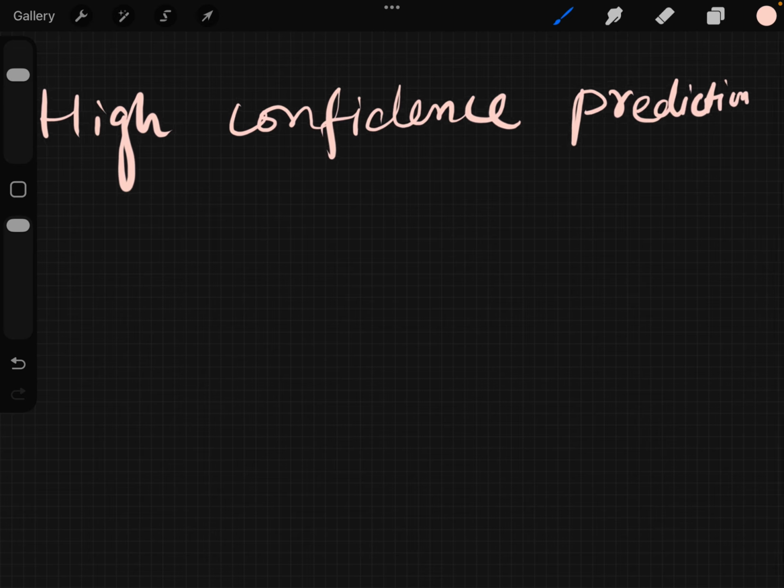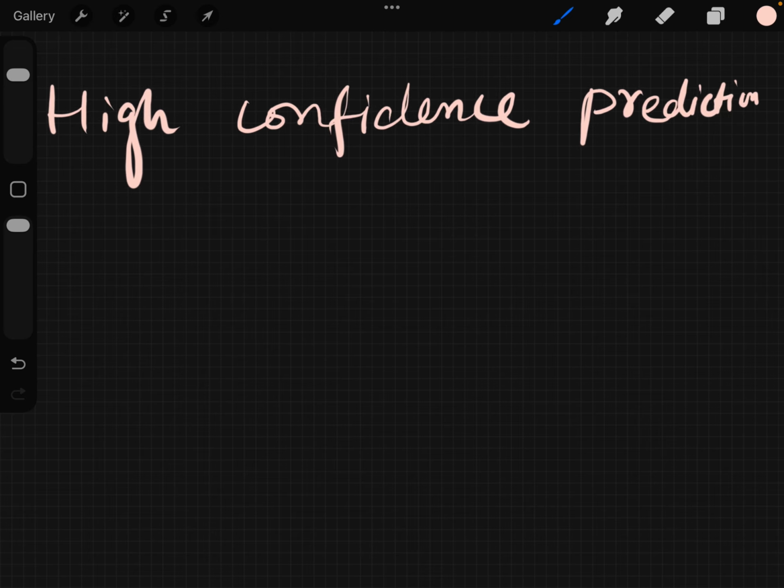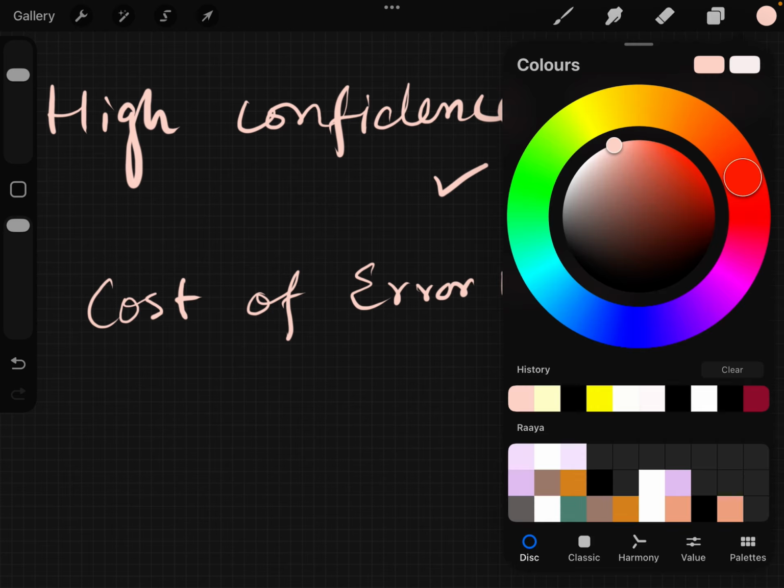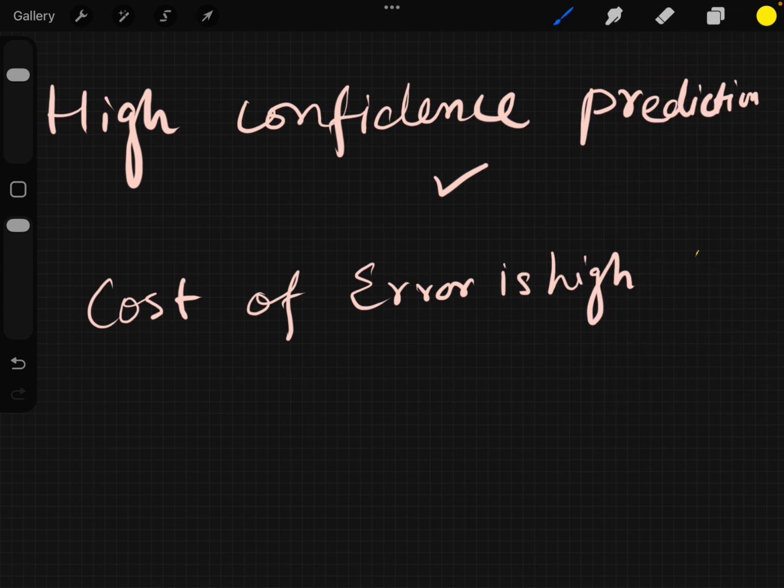The model is very sure about its answer, which makes the decision feel trustworthy. If the model is wrong here, the cost is very high. A wrong prediction in this case could delay the treatment, cause harm, or create false reassurance.